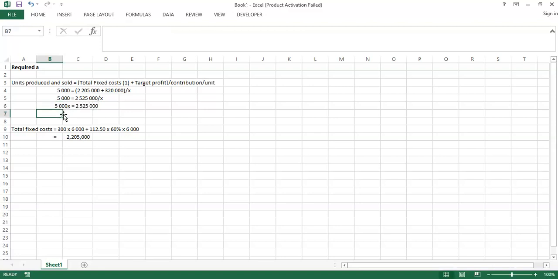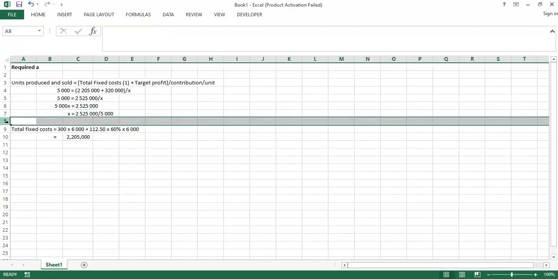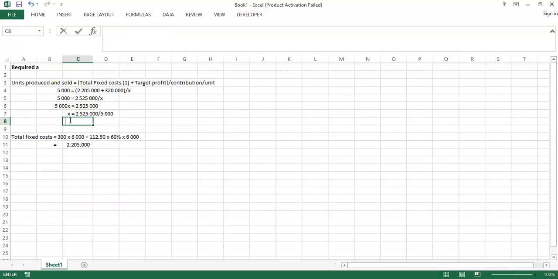And then we divide both sides by 5,000 so that we remain with X. So we would have 2,525,000 divided by 5,000. Let's increase the space here. All right, so our X is going to be equal to, let me punch it on this little calculator here.